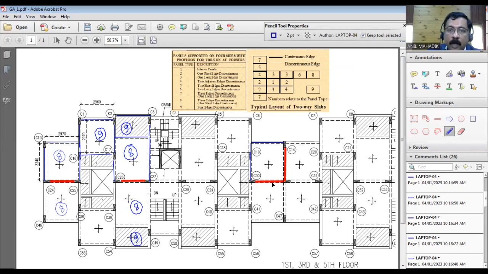So one long edge and one short edge are continuous. Which is the better case in this panel? One short and one long edge continuous, so 4 is the case. It's very easy. One long edge and one short edge, case 4, right?